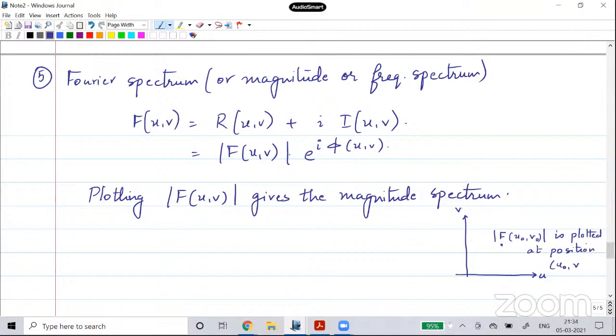This is how the plotting is done. If instead you plot phi(u,v), that gives the phase angle or phase spectrum.